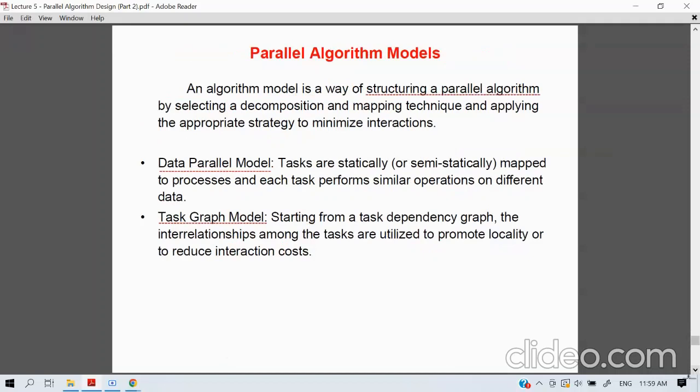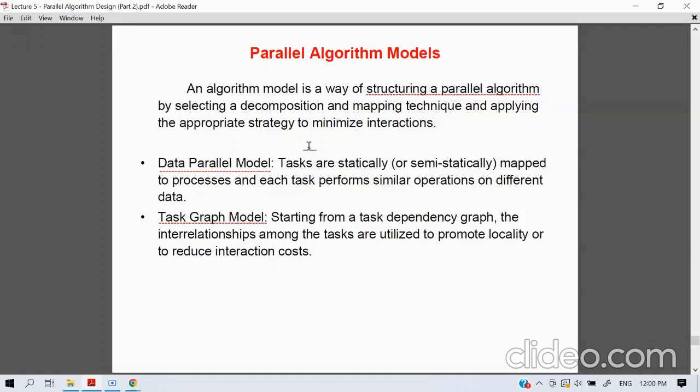The last subtopic is called the parallel algorithm model. If we have already considered the mapping process and how to choose the decomposition technique, we might then choose what kind of model can be implemented when we want to do parallel computing. An algorithm model is a way of structuring a parallel algorithm.